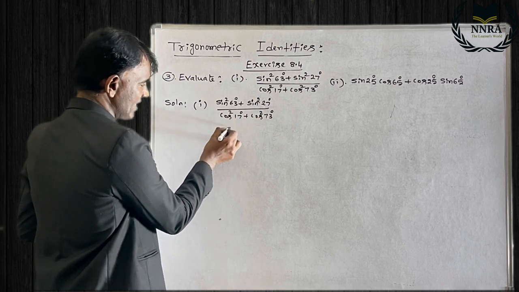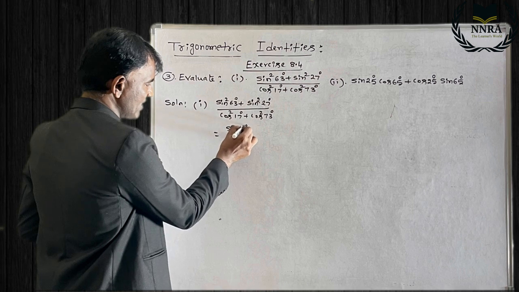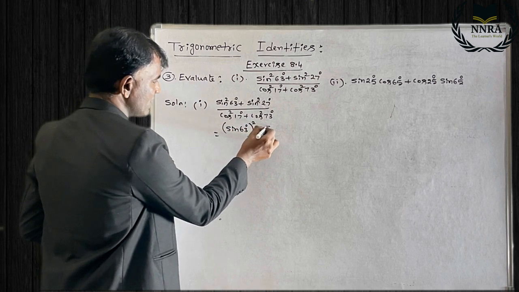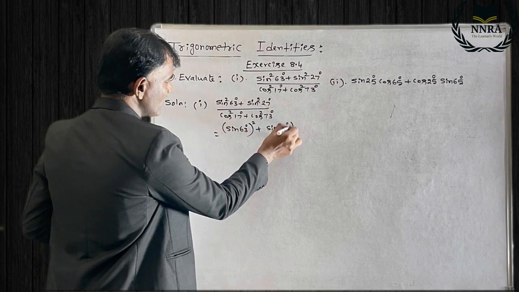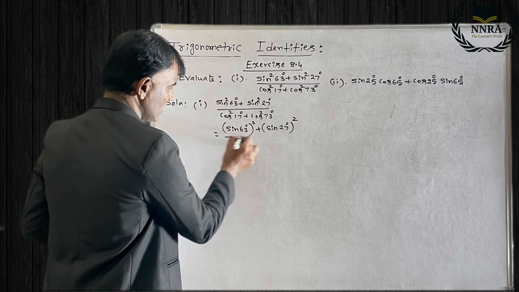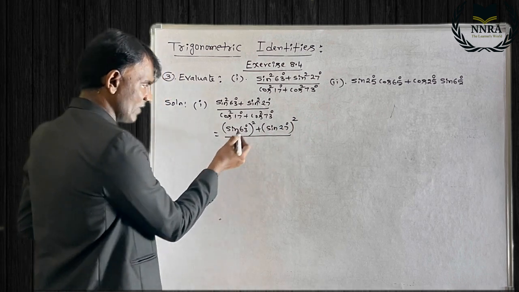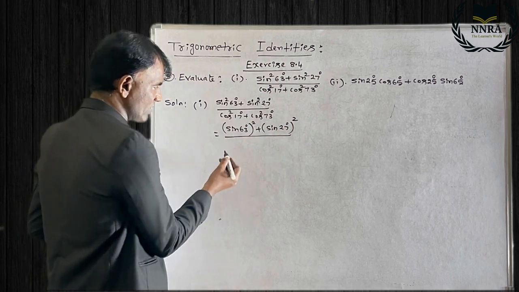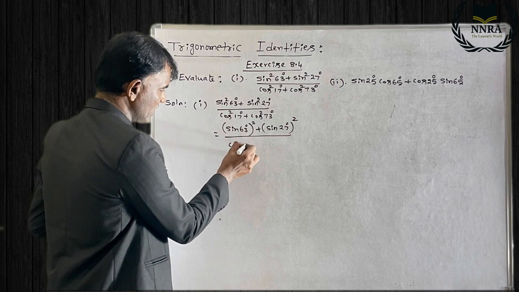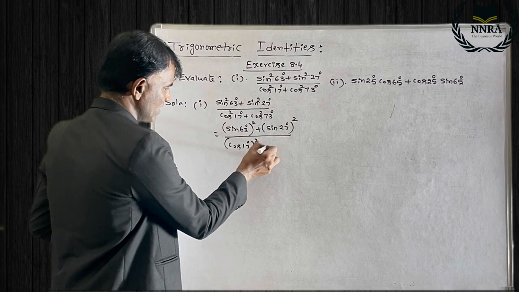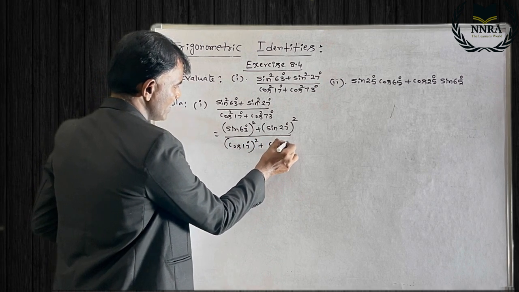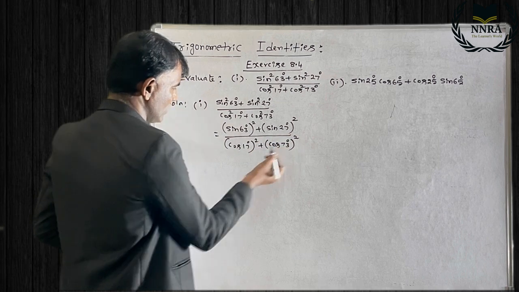Now this can be written as sin of 63 whole square. The second one is also the same: sin 27 degrees, again power 2. Denominator, if you want you can write like that, otherwise write as it is, no problem. So cos 17 degrees whole power 2 and again cos 73 degrees whole power 2.